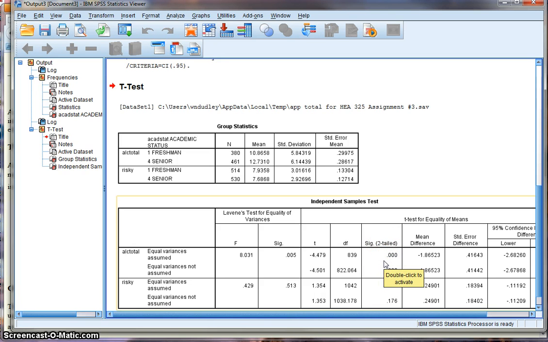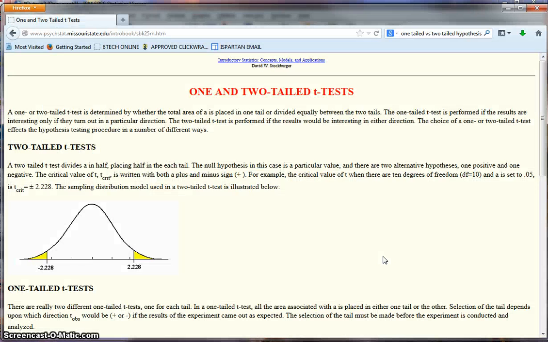Now let me show you a little bit more about this. Like you, I can Google just like you can, and I Googled one-tailed versus two-tailed hypothesis, and I ended up with this nice little website at Missouri State. Okay, take a deep breath here.